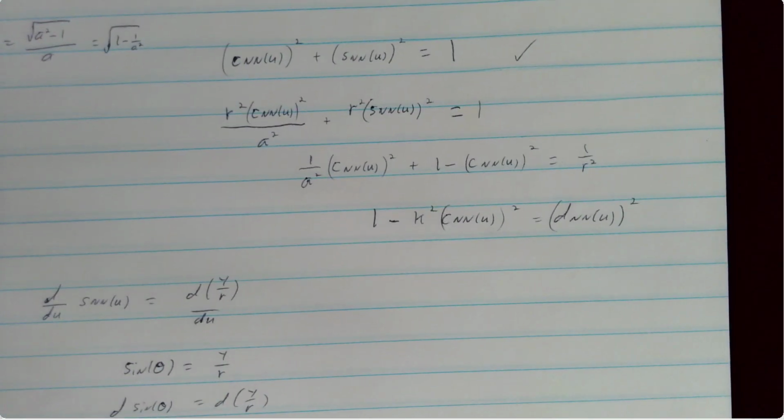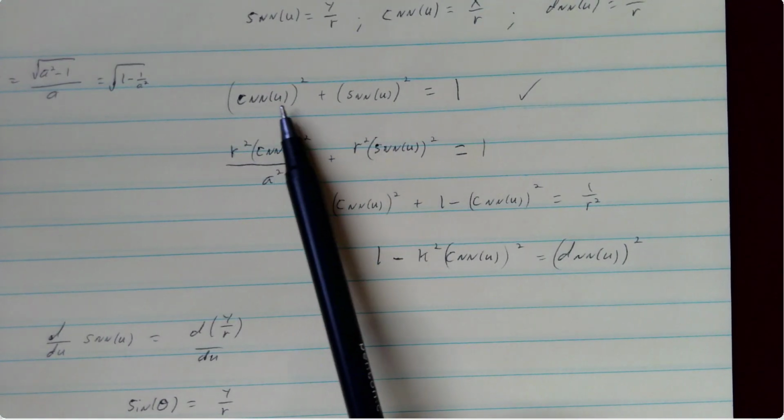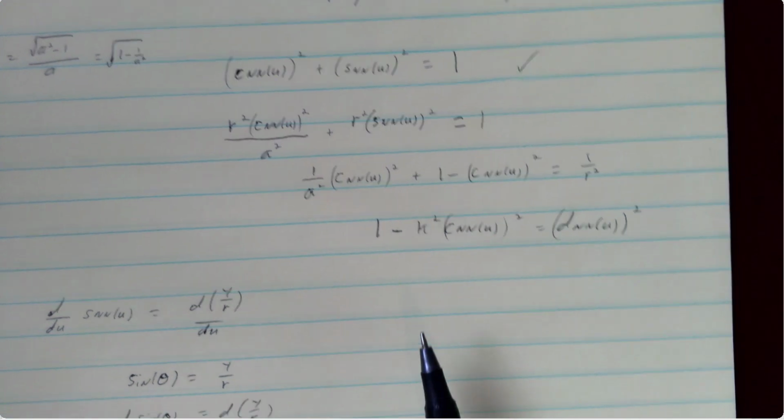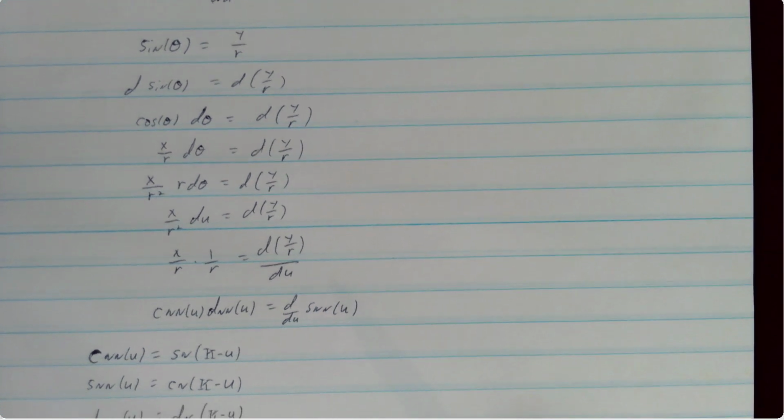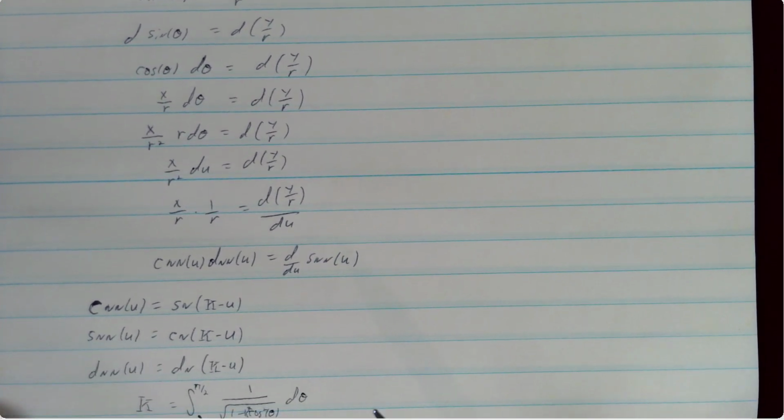We'll get this identity, but the other identity is 1 minus k squared. And if you do the derivatives, they'll work out. The derivative of Sn will be Cn dn. And I won't get the others, but the same thing will happen.